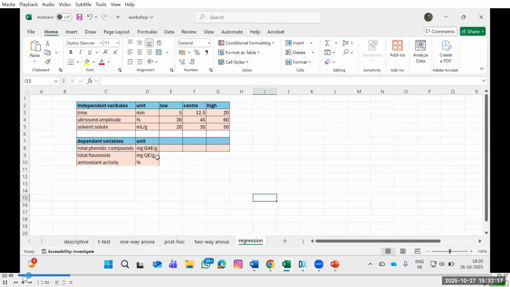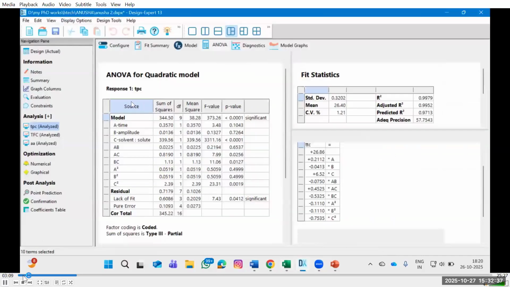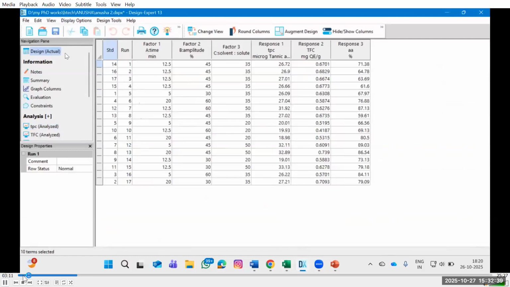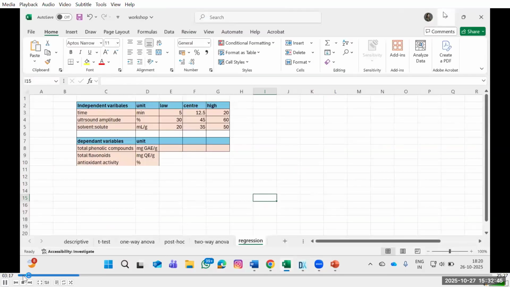The three independent variables will be combined in such a way that the dependent variables give the maximum output in this entire process. This is the main theme of using Design Expert. Okay, I'll just show you how to run it.